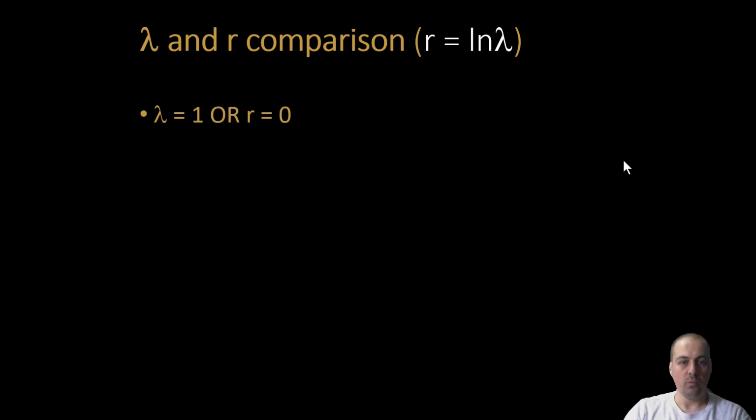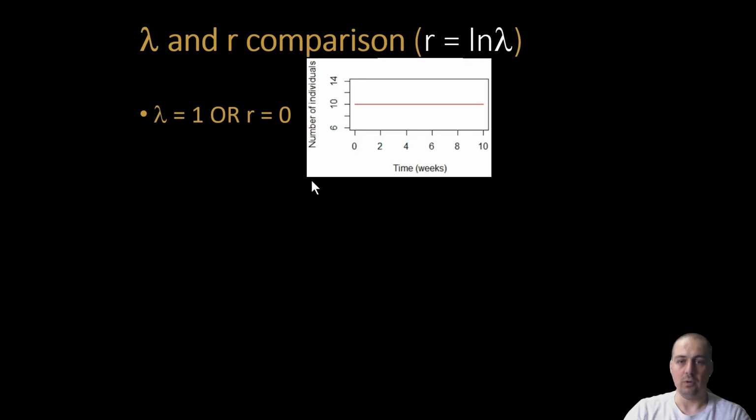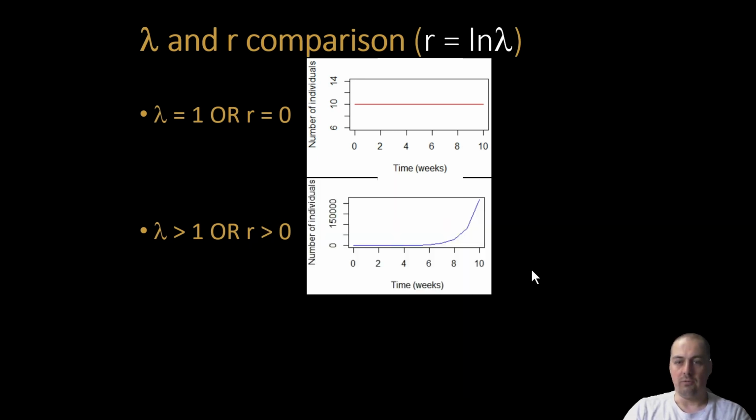So when you have a lambda value of 1, or an r value of 0, your population is not growing over time, and graphically it will look like this. When you have a lambda that is greater than 1, so any value greater than 1, or an r which is greater than 0, so in this case a positive value, you will have a population which grows, and this looks like this.